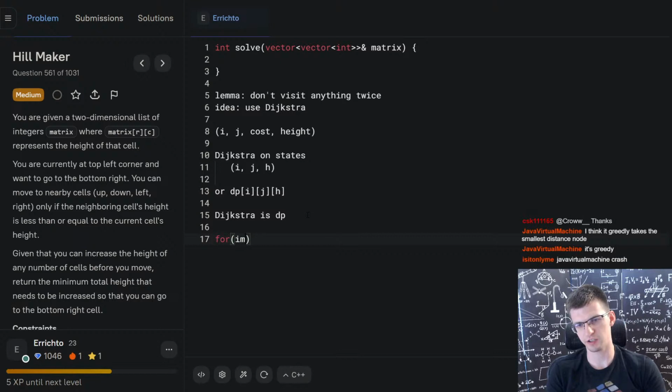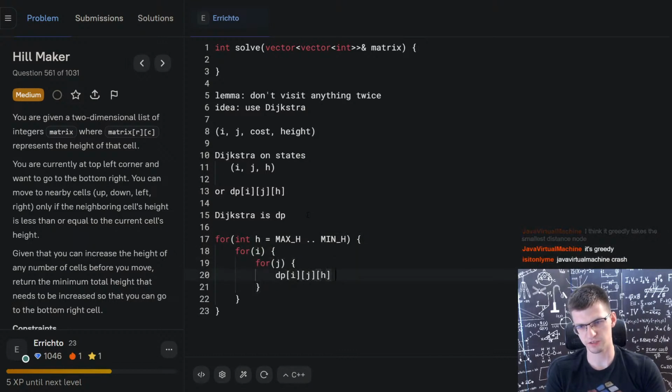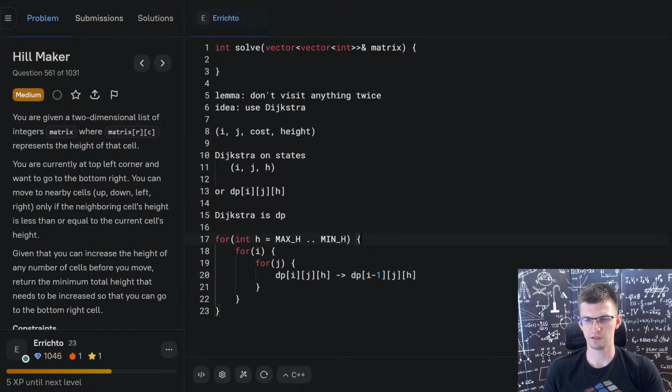For h decreasingly, for every i, for every j, we consider going from this state to all the neighbors, in particular, let's say to the left, assuming that i is column. And I can say what's the cost here.